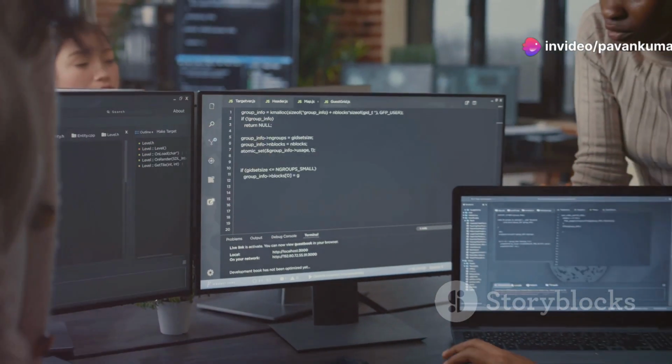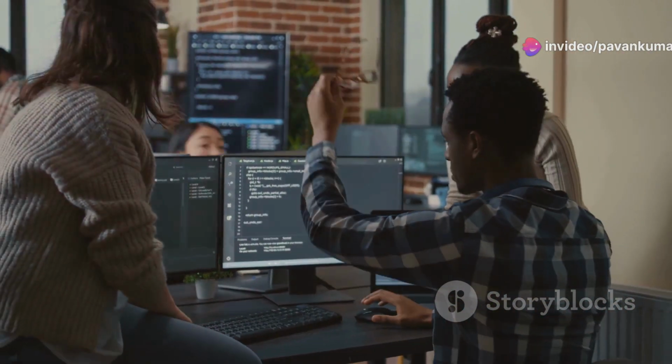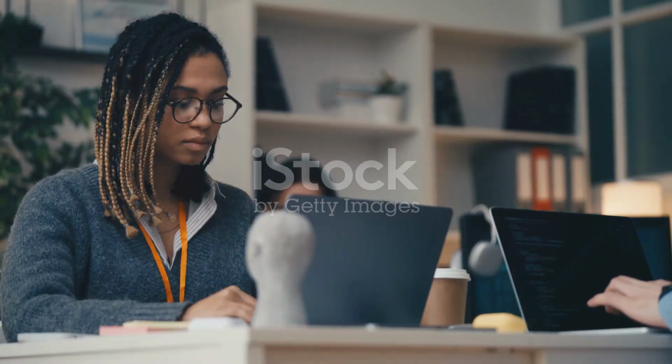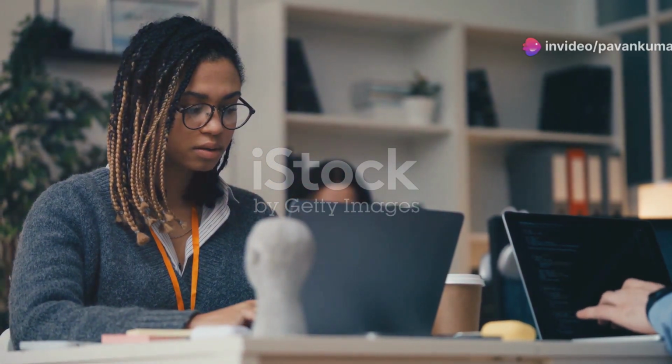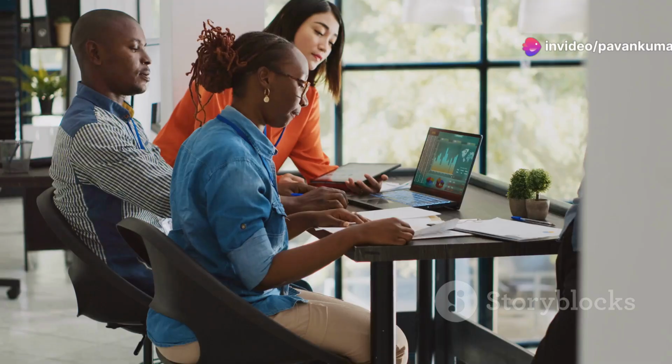Reduced risk. By delivering the software in stages, the incremental model reduces the risk of delivering a product that does not meet user needs. Early increments provide valuable insights into user expectations, allowing for course correction throughout the development process.